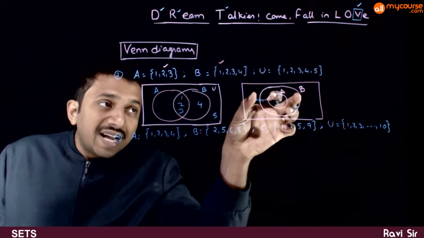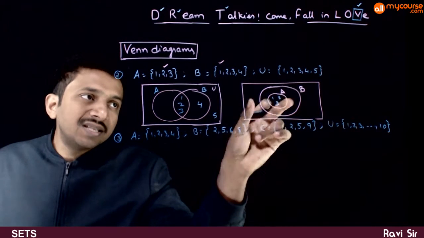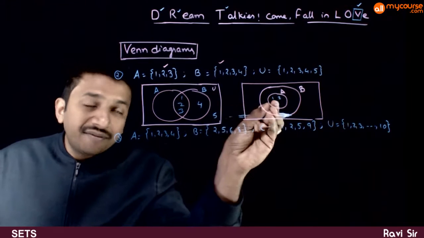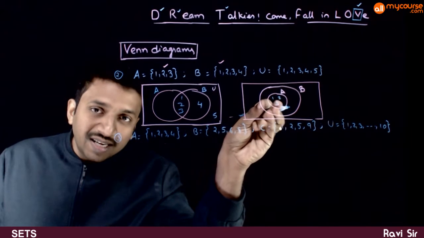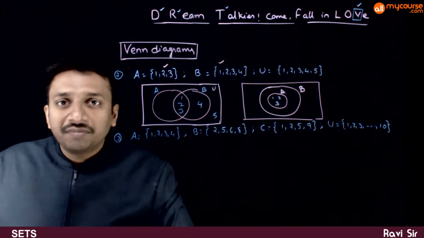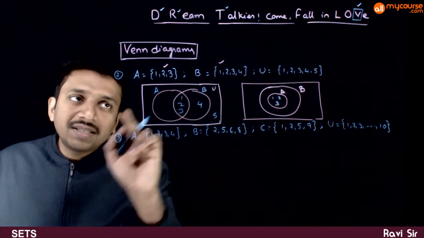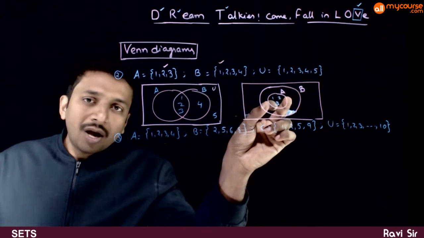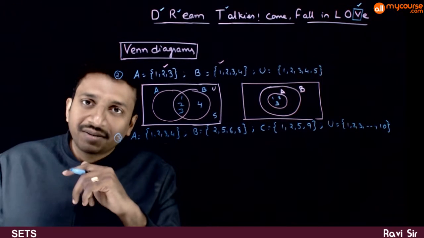Obviously this set is contained within set B. That means A is a subset of B. It's very clear from this diagram that A is inside set B, that is, A is a subset of B. So whenever you have one set a subset of another, you draw that set completely inside the second set.